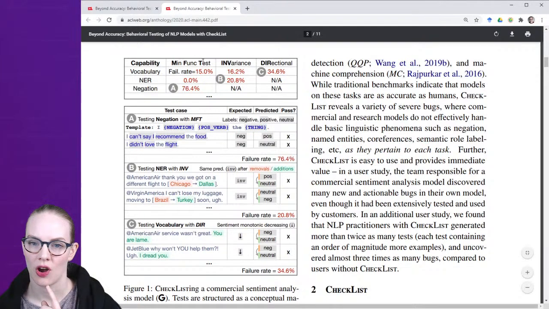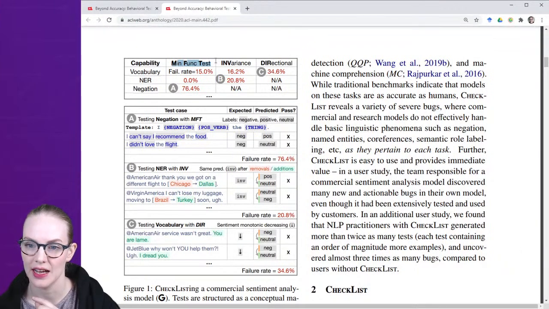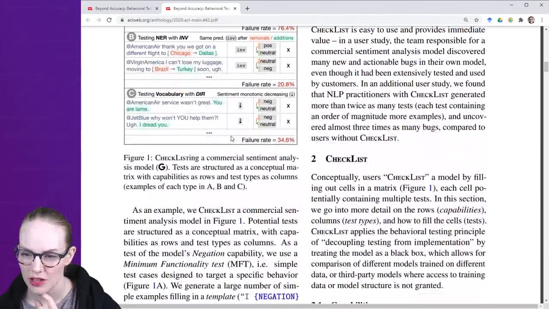And then there are 3 things that it's looking at. One is vocabulary, the specific words. One is NER, named entity recognition, and another is negation. Minimum functionality test is, does it do the thing that you want it to do, if I remember correctly?